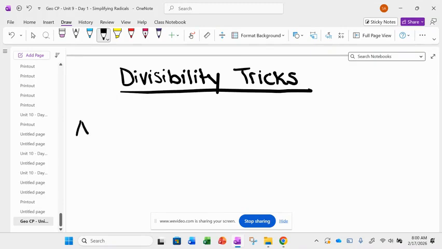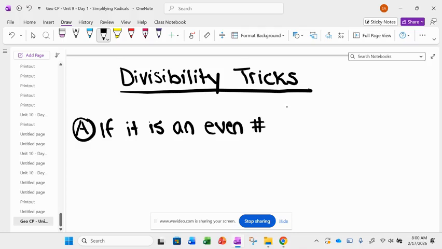Okay, so the first divisibility trick, which I think everybody knows, is if it is an even number. And what do I mean by even? What is an even number? 2, 4, 6, 8, 10, 12, 14, 16, 18, 20, right?